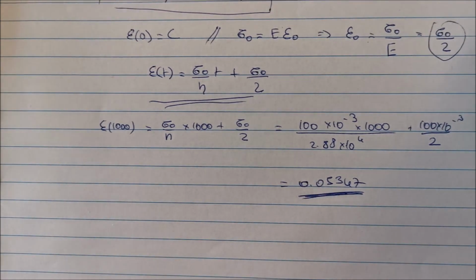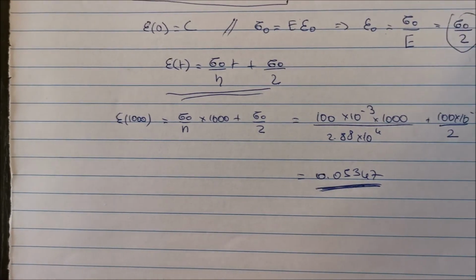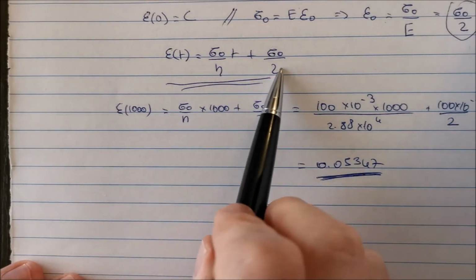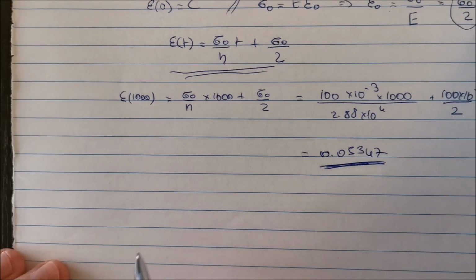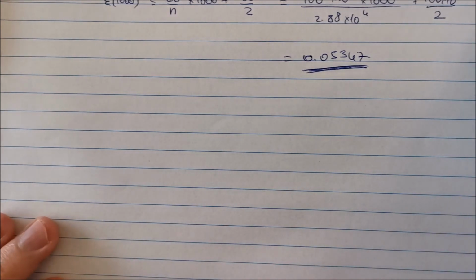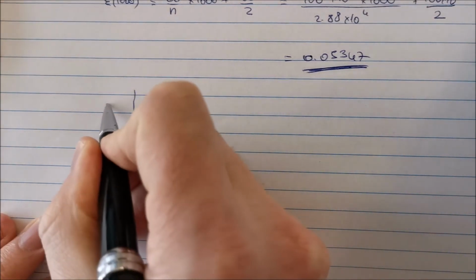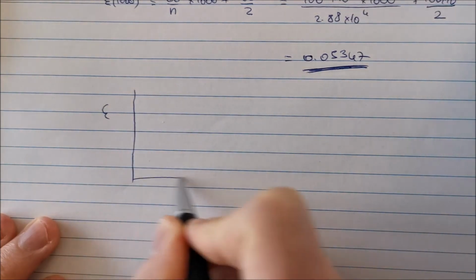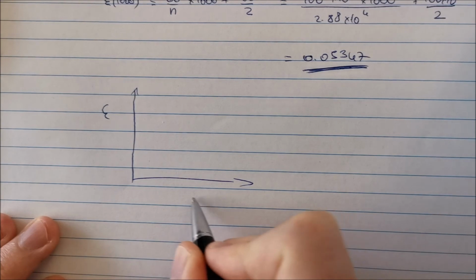Now, the one thing I want to spend a few seconds talking about is this form. If you were to use this kind of model to look at a creep test, we are going to look at the evolution of the strain over time.